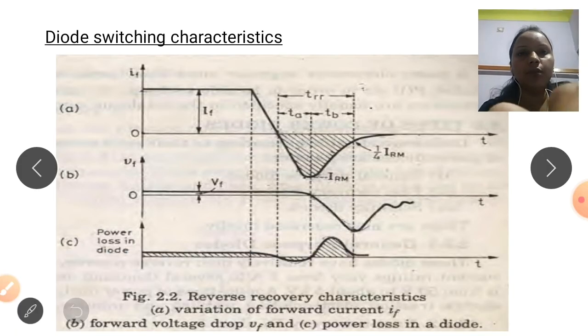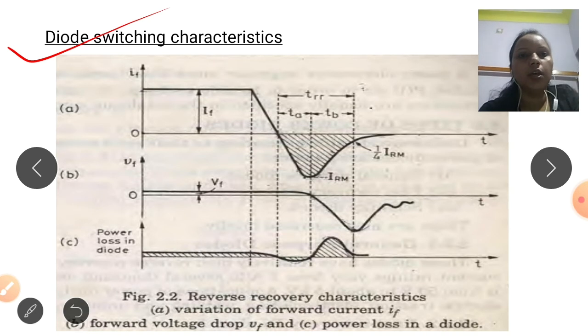characteristics of power diode. Switching characteristics include the current characteristics, the voltage characteristics, the power loss characteristics of the power diode during turn on condition and during turn off condition. So these are all the characteristics of the IF, VF, power loss.